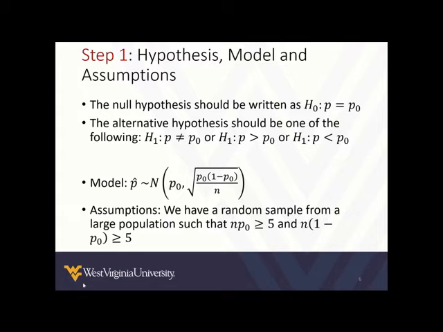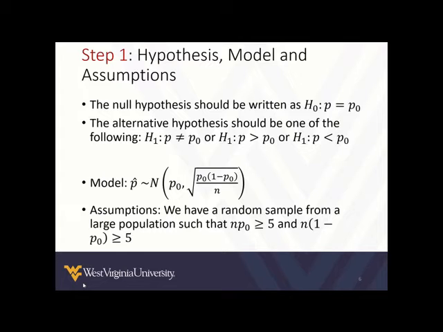Our model for P hat, which is our sample statistic, is going to approximately follow the normal distribution with mean P naught and standard deviation the square root of P Q over n, where Q is equal to 1 minus P naught.